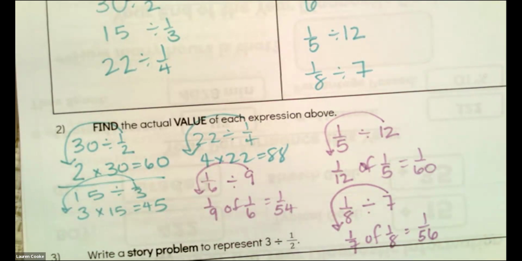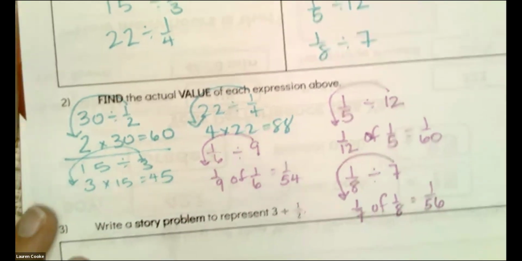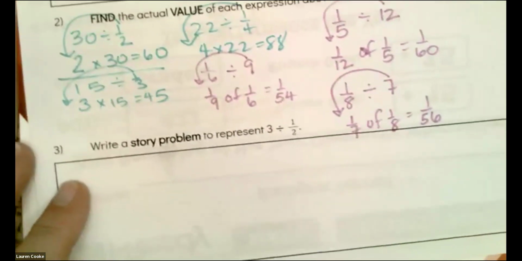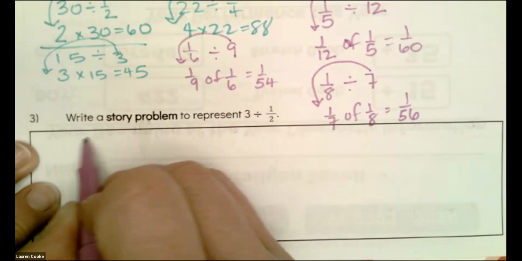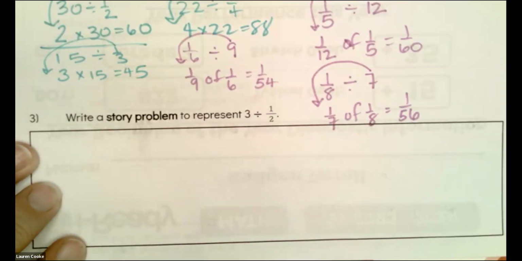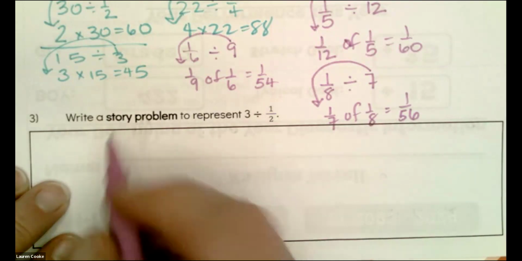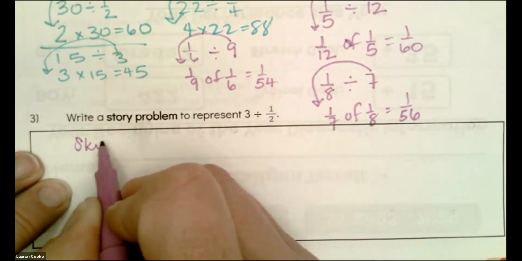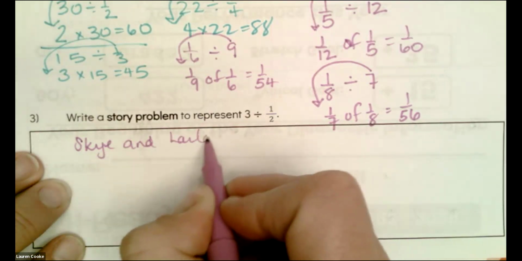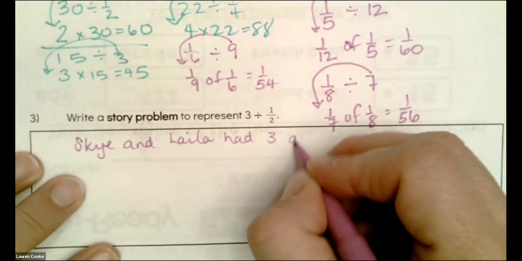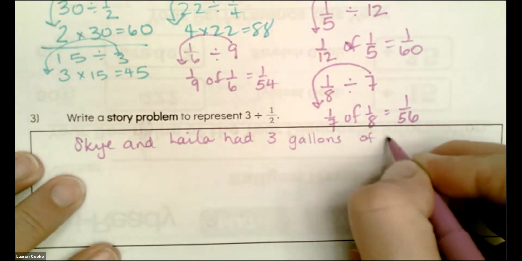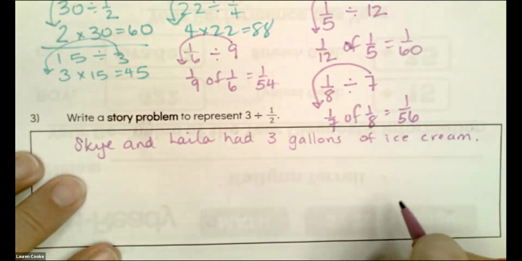Yikes. Okay, super small. Now the next one says write a story problem to represent 3 divided by a half. Okay, well, you know what? I know that Sky and Layla worked on their study guide over the weekend, which is awesome and way ahead of everything. So I'm going to say Sky and Layla had 3 gallons of ice cream. Okay, so I'm starting with that.